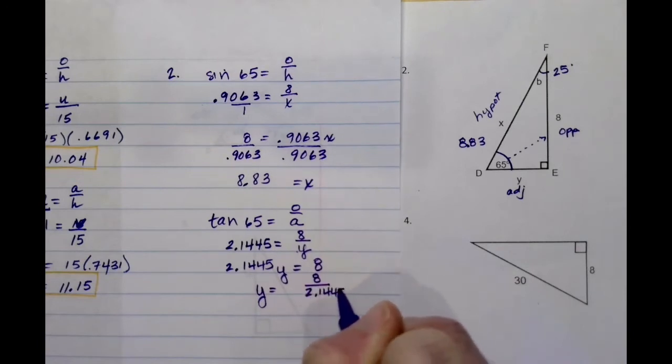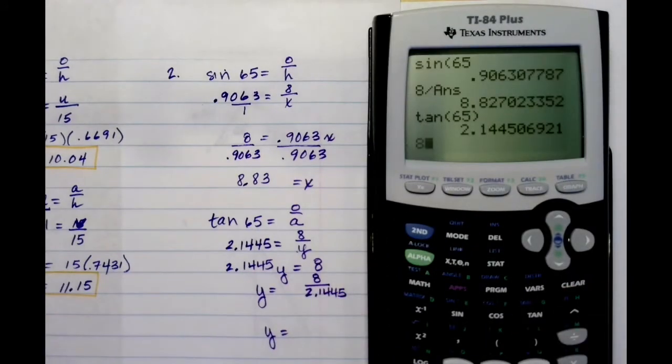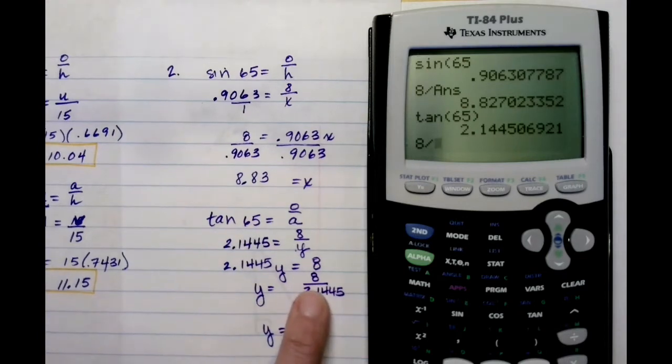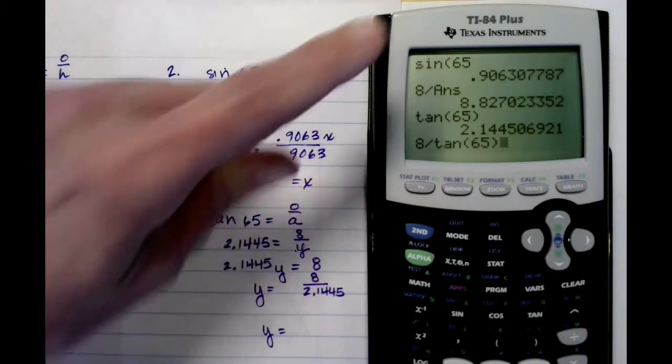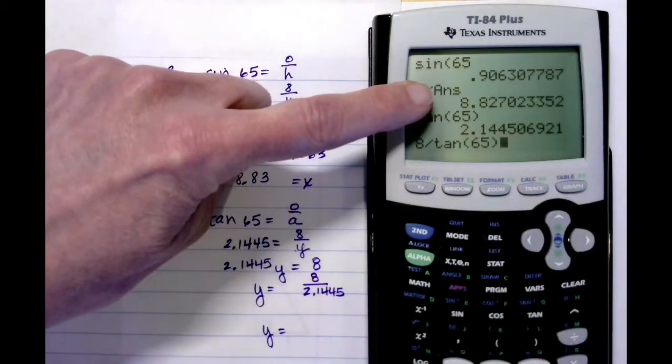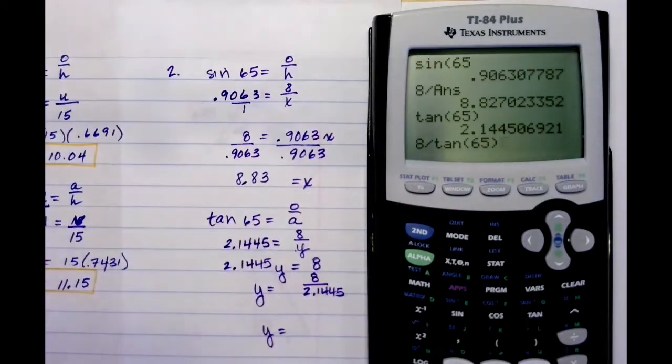Y is equal to 8 divided by 2.1445. So y is equal to, go back to the calculator, 8 divided by, and I can either type this number in or just ask the calculator to go ahead and give me that value again. I can put my answer in like I did last time. I could type it again, or I could actually type the value in.